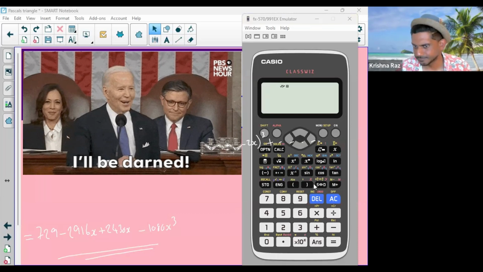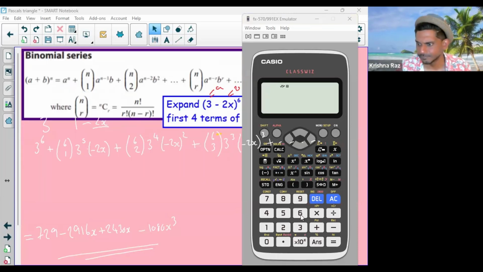We get the same answer. So if I go 6 choose 1, that is 6. And if I do 6 choose 2, I get 15. Now, we know Pascal's triangle.